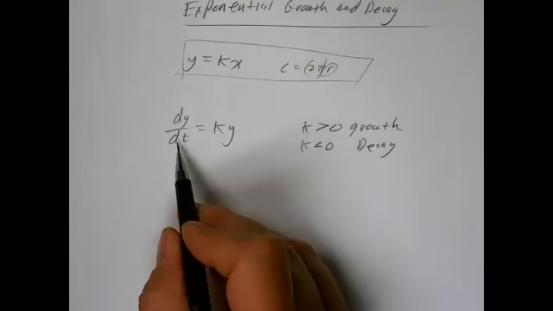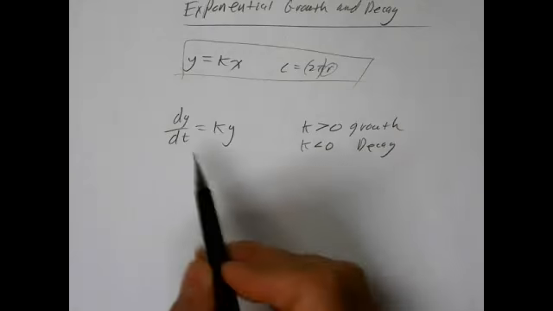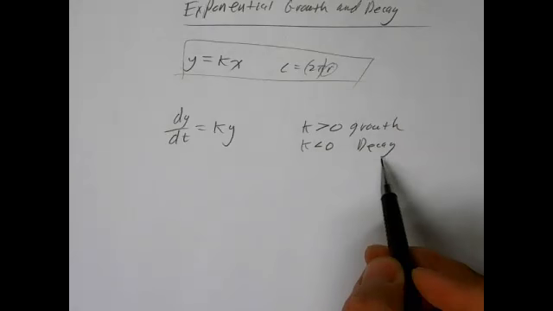This can be used for money as well. There are plenty of monetary examples that go with this. I'm not really interested in the monetary side, but again, if you have continuously compounded interest, then it obeys this rule as well. This rule is often called the law of natural growth when k is positive, or the law of natural decay when it's negative.